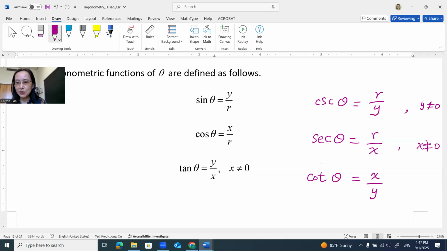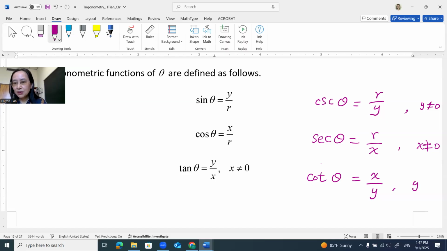X over y. If both tangent and cotangent are defined, they are reciprocal to each other: tangent is y over x, cotangent is x over y.